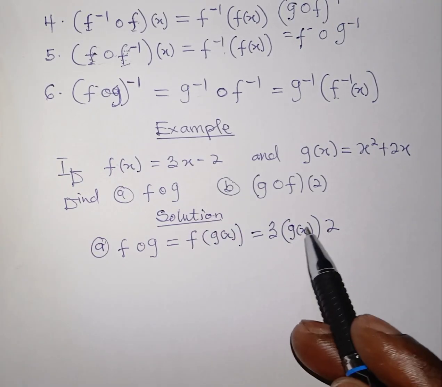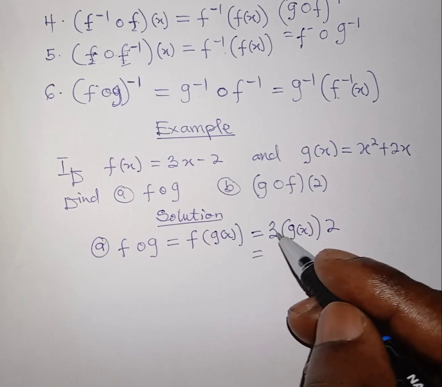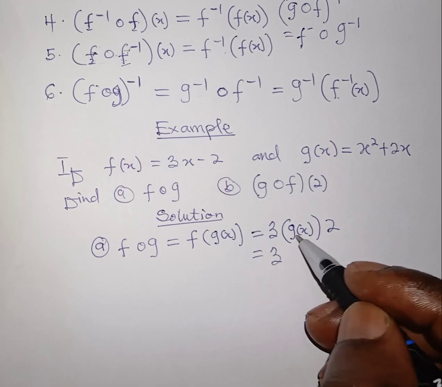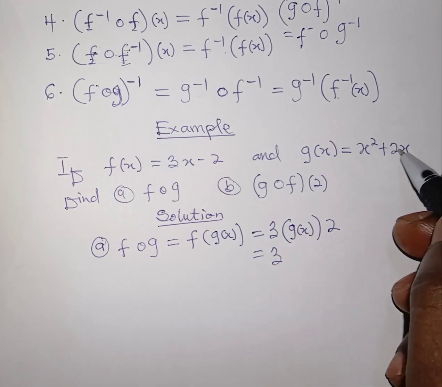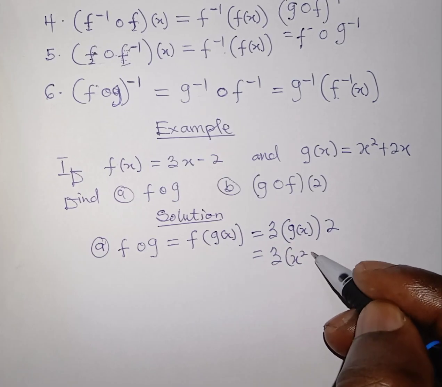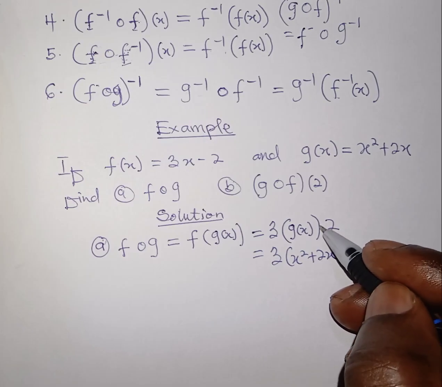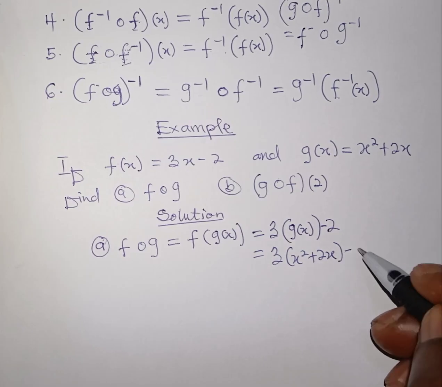That is how it's supposed to be, so that I can write this as 3 times, and what is the entire function of g at x? That is x squared plus 2x, minus 2.